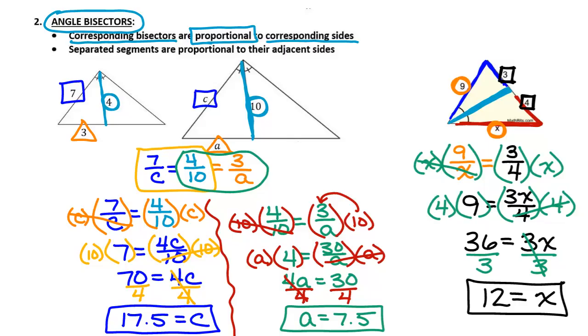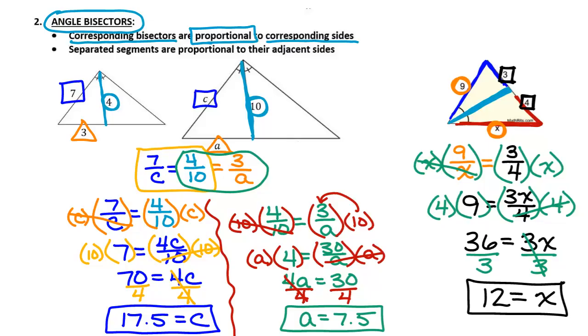All right, so we've talked about when I have an altitude in my triangles. We've talked about when we have angle bisectors dividing the triangles. There's one other part of similar triangles that we're going to look at, and that is medians. You good?